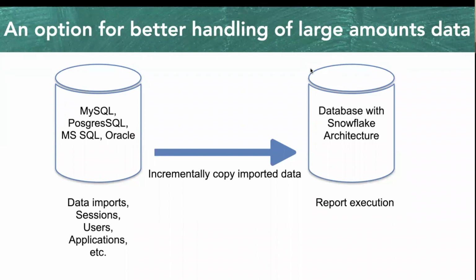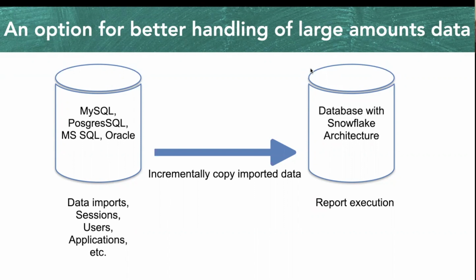In the separate database, these customers can use a Snowflake architecture database, one of which is, for example, Vertica. This works because the database just works in a different way.